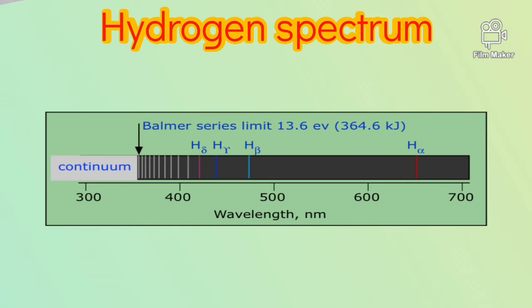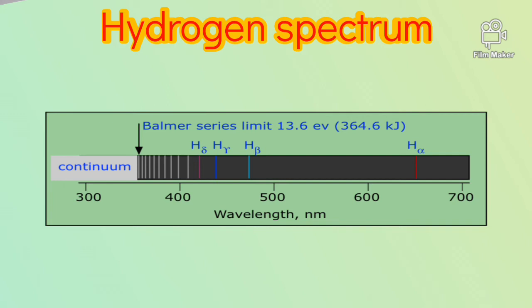If we supply high voltage to H2 gas, hydrogen gas, it absorbs energy and is broken into hydrogen atoms. These hydrogen atoms also absorb energy, and the electrons move from the first energy level to higher energy levels.